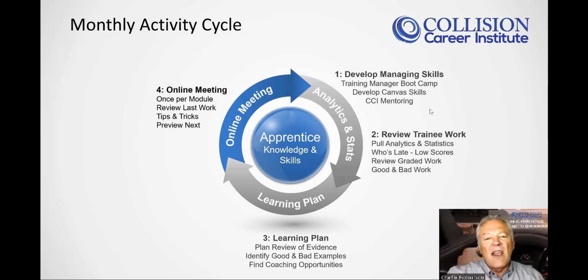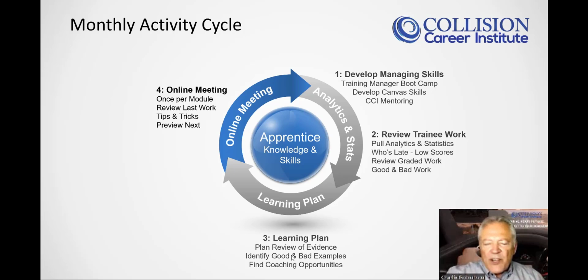So they go through and pull that information, and then they come up with a learning plan, a quick one. We provide a lesson plan for each of these meetings they're going to have for each module. However, the important aspect is, how am I going to adapt where these apprentices currently are with a learning plan for them and make it unique and help them succeed better?